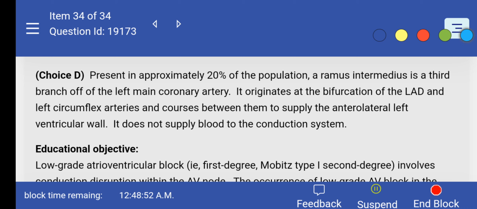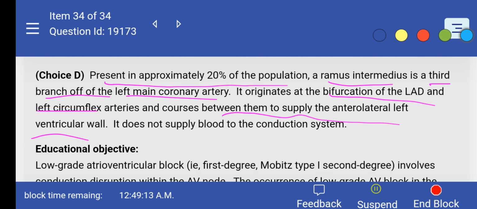Okay. Option D is present in approximately 20% of the population. Ramus intermedius is the third branch of the left main coronary artery, originates at the bifurcation of the LAD and left circumflex, courses between them and supplies the anterolateral left ventricular wall. It doesn't supply blood to the conduction system.